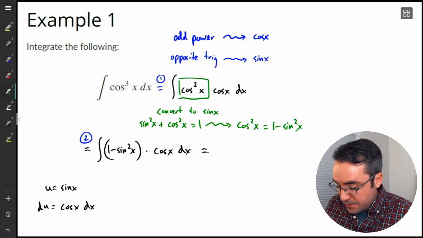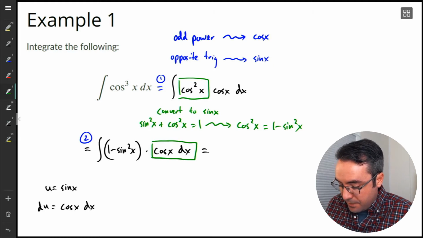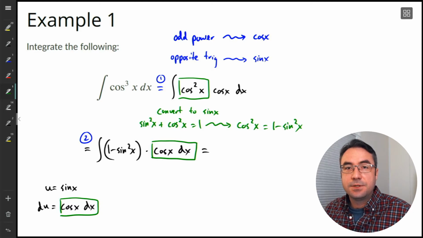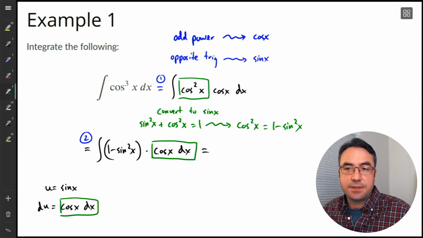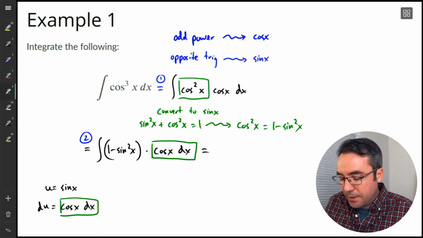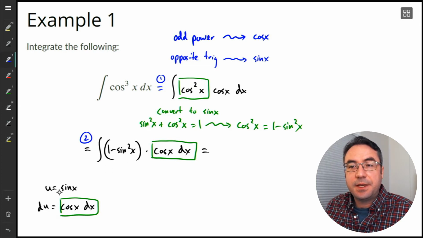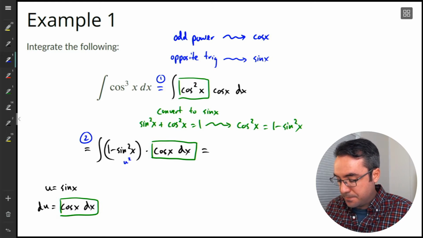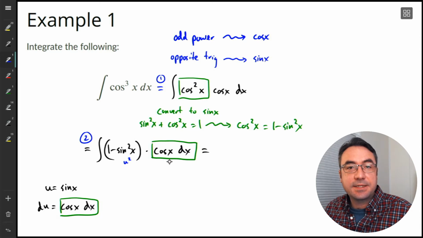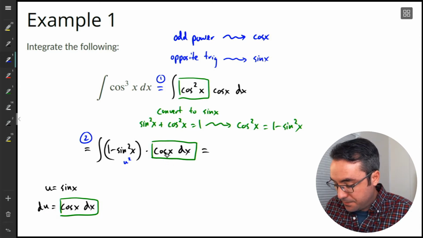That's because we now have a very nice match with our differentials. So I know the sine squared here is going to become u squared, and the cosine x dx here is going to become my new differential du.